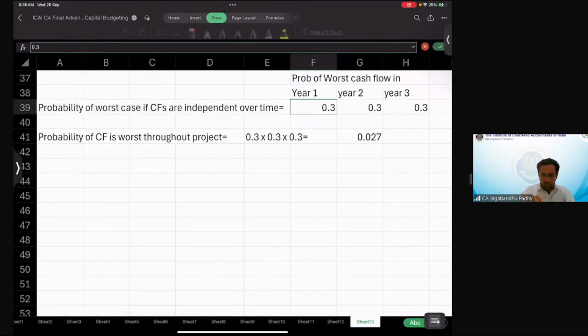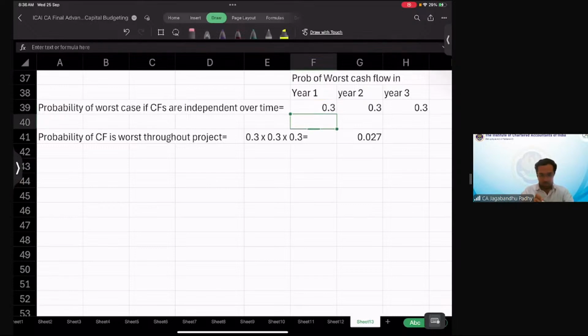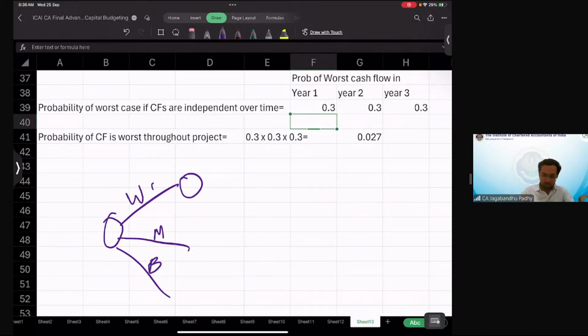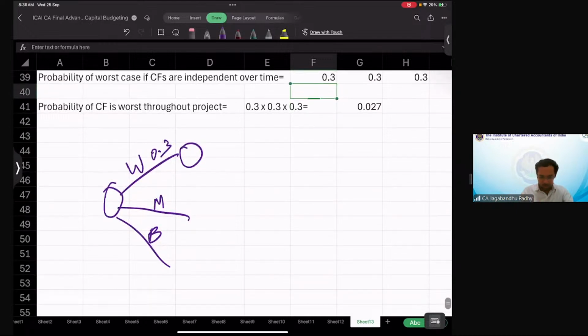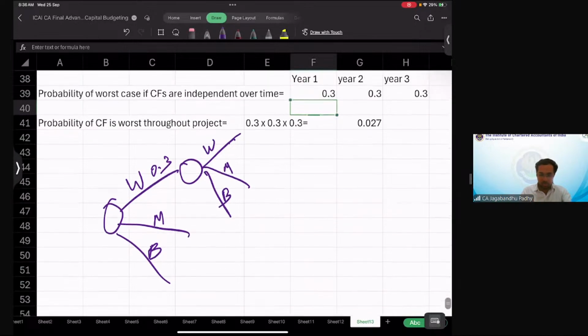See, in year one you can either face worst, moderate, or best. Right? So here you have a chance of 0.3. Right? Now again in the second year, you will again have three chances: worst, moderate, and best. Right?